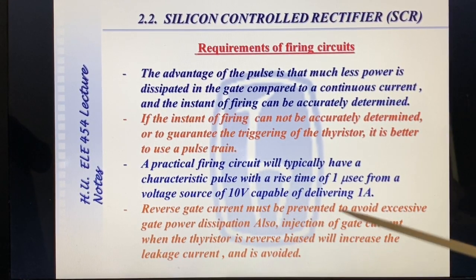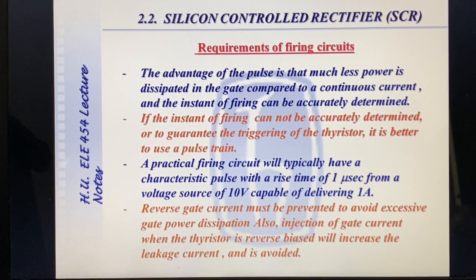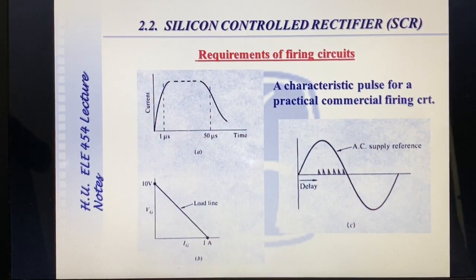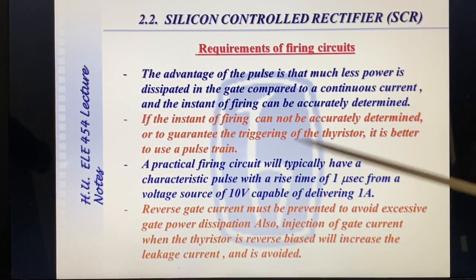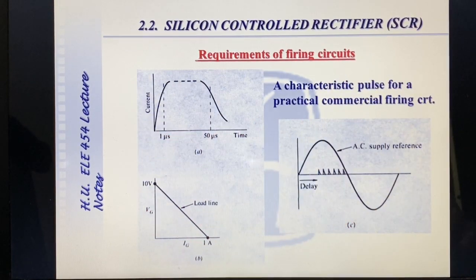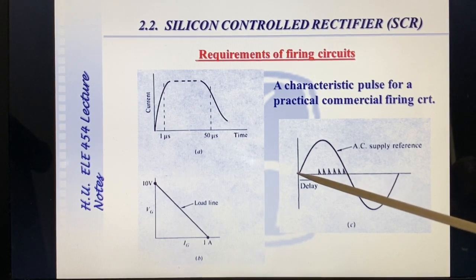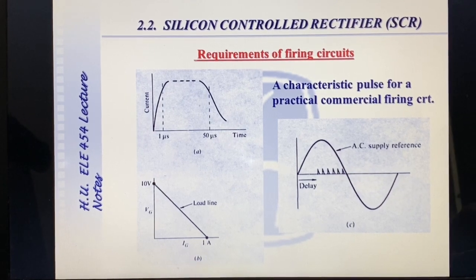In general, reverse gate current is prevented to avoid excessive power dissipation, because normally a silicon controlled rectifier cannot be turned off via negative current. So in order to guarantee the triggering of the thyristor, it is better to use a pulse train rather than one single pulse. Let us show it. For example, here the AC supply voltage and the thyristor is triggered with a pulse train as shown.